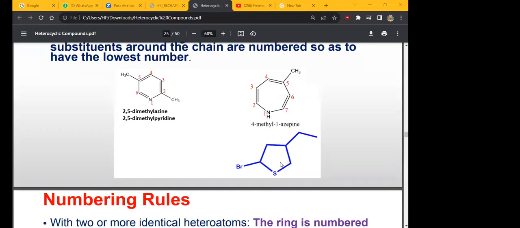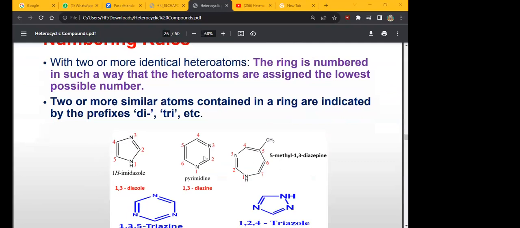With 2 or more identical heteroatoms, the rings are numbered in such a way that the heteroatoms are assigned the lowest possible number. Exactly what I just said. 2 or more similar atoms contained in a ring are indicated with the prefix di, tri. These come in when, let's say, you have two similar atoms.